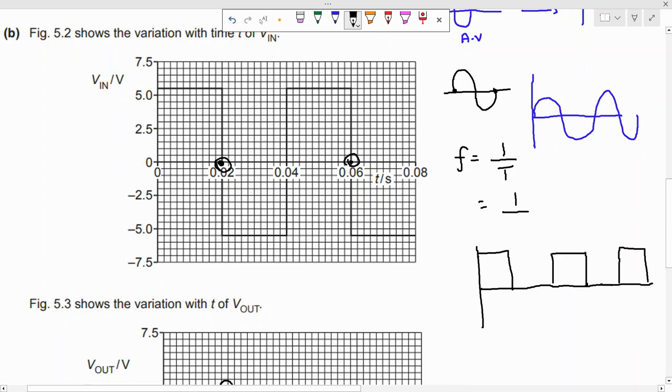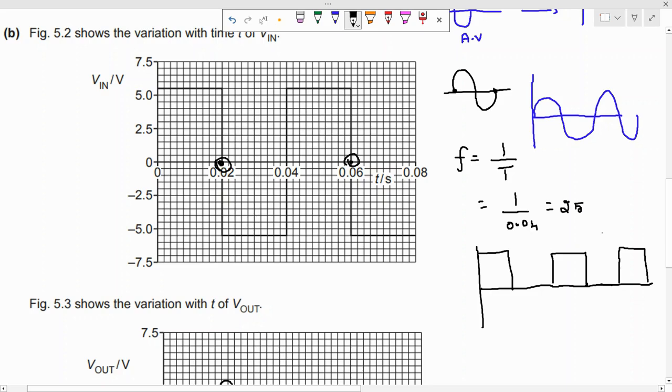Okay, look at this, 0.02 to 0.06. So 1 by T will be what? The complete time period for that one will be 0.04. So 1 by 0.04. I think you can use the calculator, right?